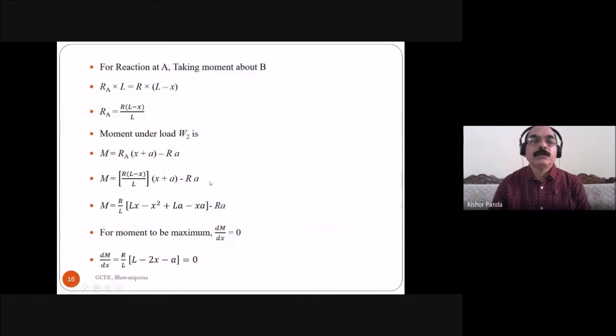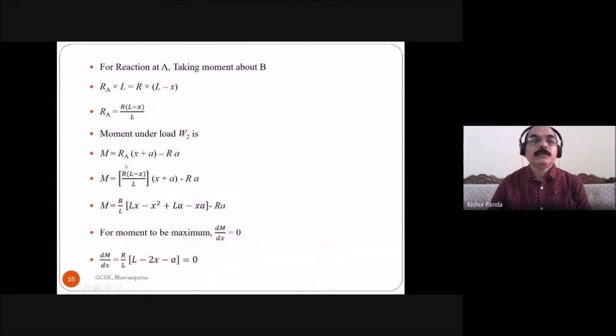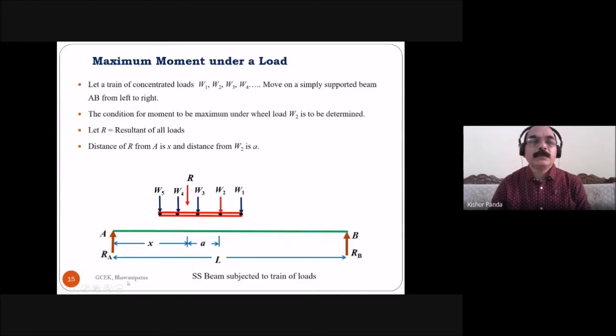How will you find this moment? You have to take the moment of the reaction and the moment of the resultant load about the point where the W2 load is present. So moment M is equal to RA into X plus A, where X plus A is the perpendicular distance of RA.